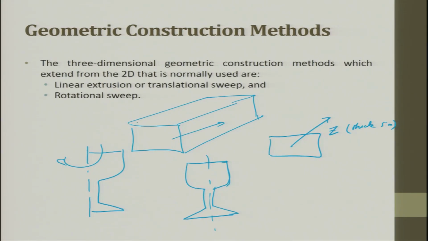First we did only 2D: point, line, and then curve. Now from 2D we did some simple operations like extrusion and rotational sweep. So now we have started representing 3D objects from 2D form by giving small variations, that is, translation sweep or rotational sweep.